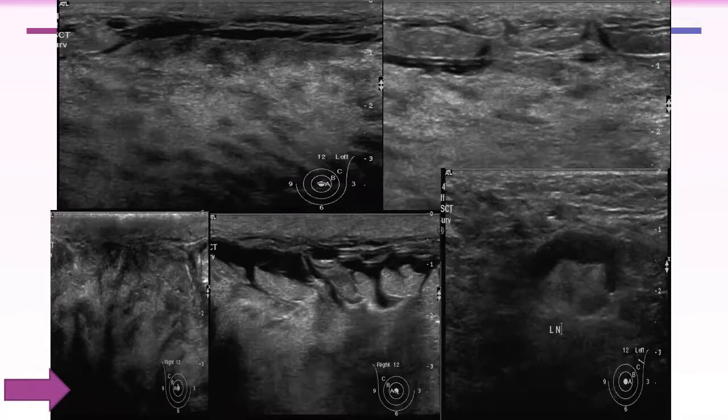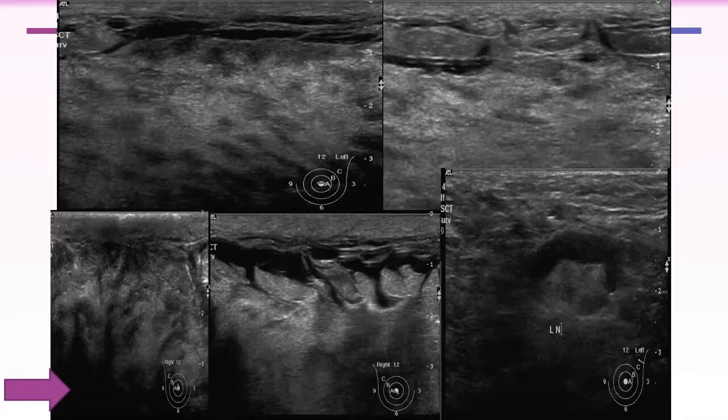Okay. Could this explain these hypoechoic areas in the breast? It can explain the bilateral edema due to lymphatic obstruction by metastatic axillary lymph nodes. But how can you explain the irregular hypoechoic areas in the breast?